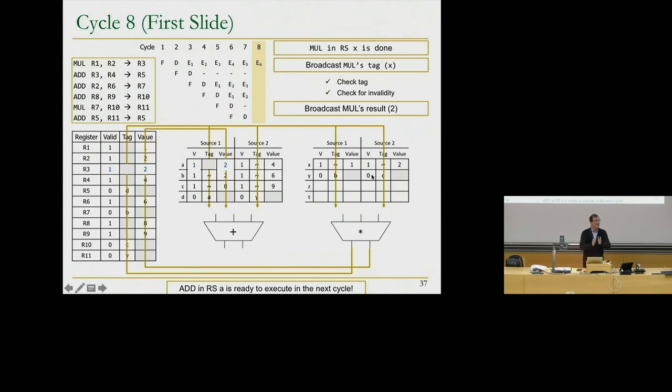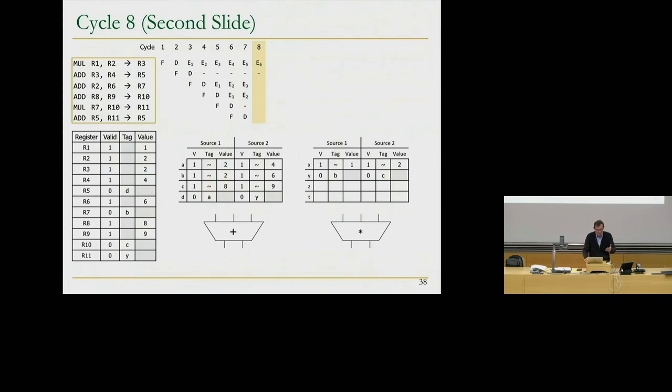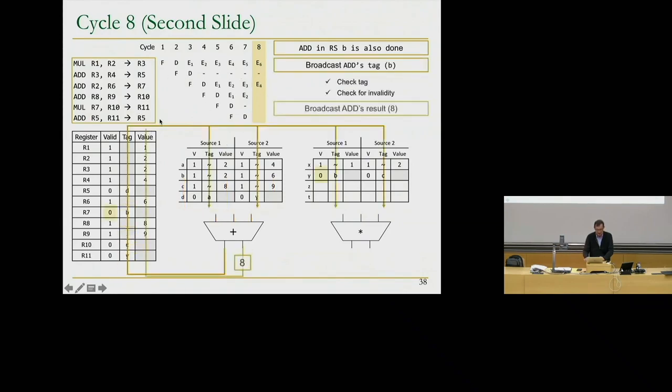So we broadcasted the tag and we broadcasted the value. That's a lot of wires. Let me finish this and then we're going to be done. So the second thing that's happening is exactly the same thing. It turns out this instruction add is also done. So it does exactly the same thing. It broadcasts its tag, which is B. B goes everywhere, and it broadcasts its value also.